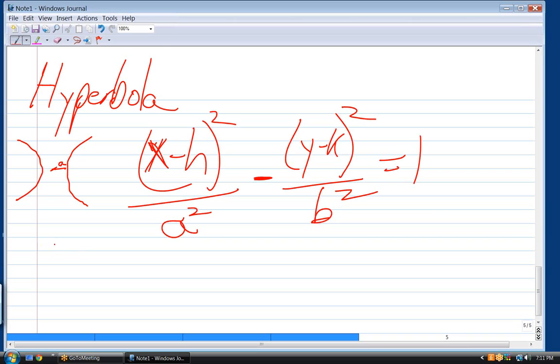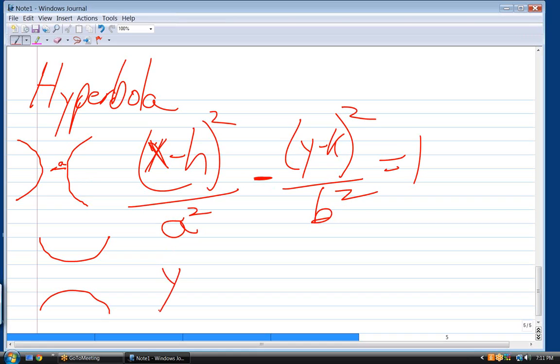What about a vertical hyperbola? Like this. A and B again? Is it the same A and B getting switched? No. With a hyperbola, A can be bigger than B or it can be smaller. The difference between a vertical and a horizontal is the negative goes in front of the x.